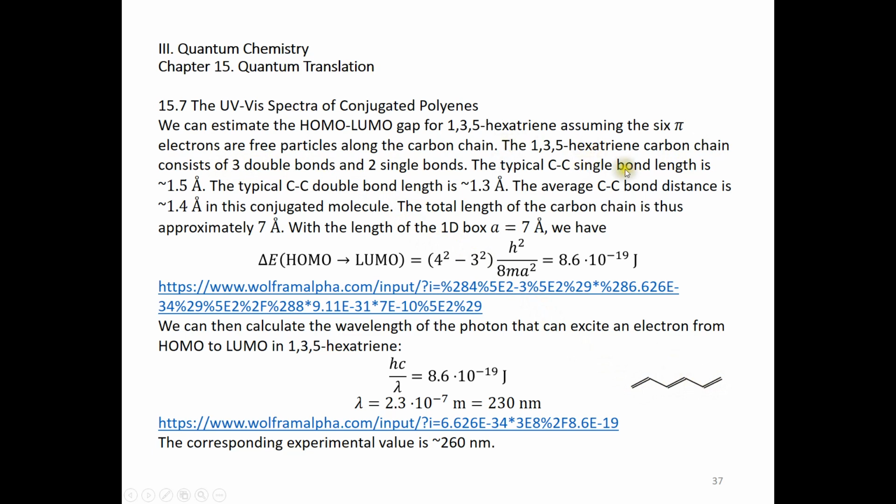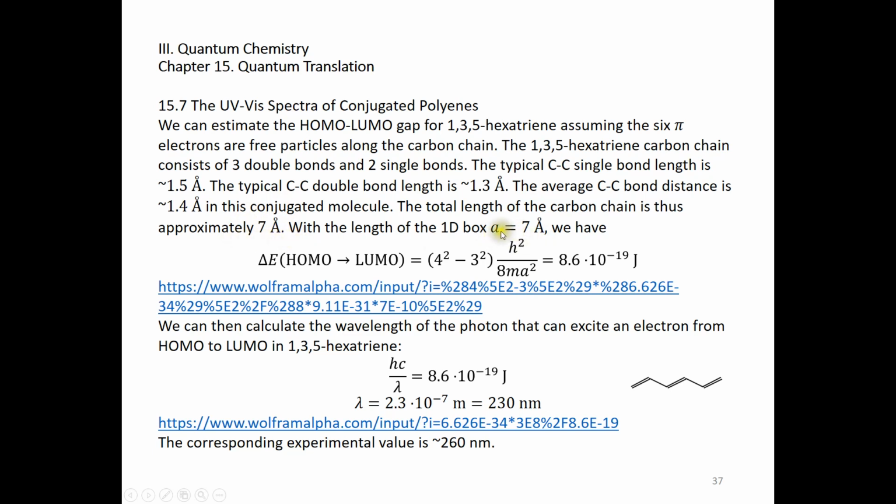The typical single bond distance is 1.5 angstroms, and the typical double bond distance is 1.3. So we're going to just estimate the average, 1.4. We have 5 carbon-carbon bonds, so the total length of this carbon chain is roughly 7 angstroms. This is a rough estimate.